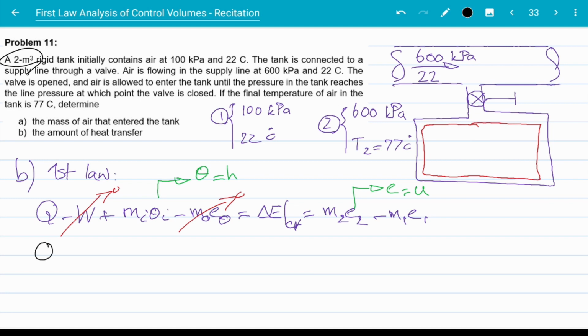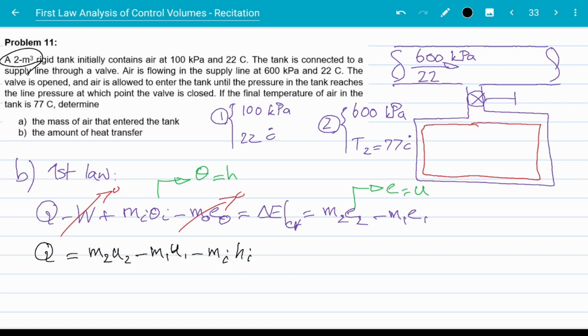So I have Q is equal to M2 U2 minus M1 U1 minus Mi Hi. Now, you have two options here. You can either use the tables.